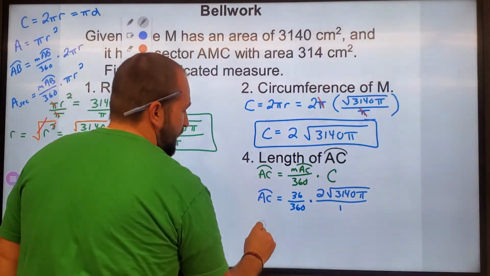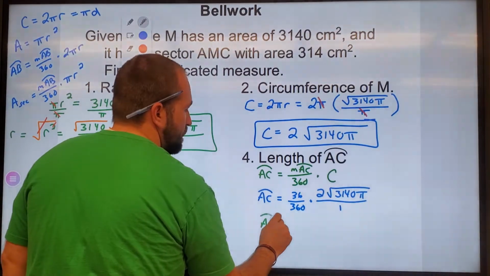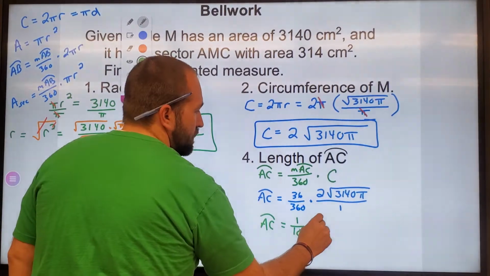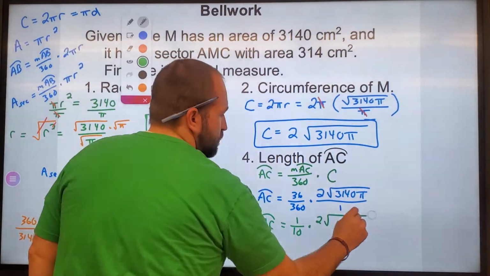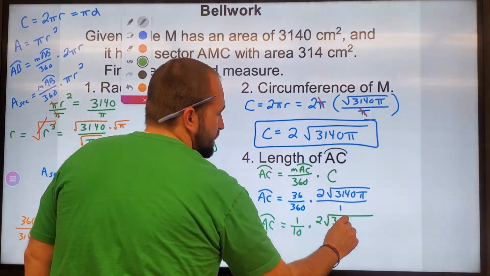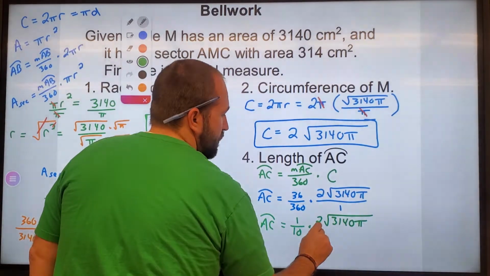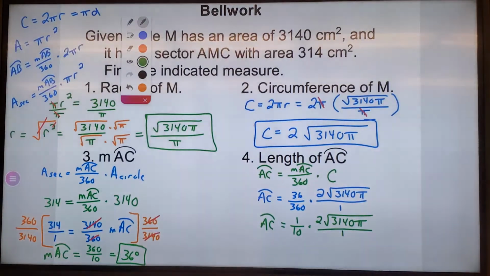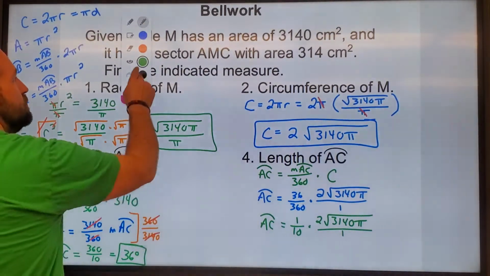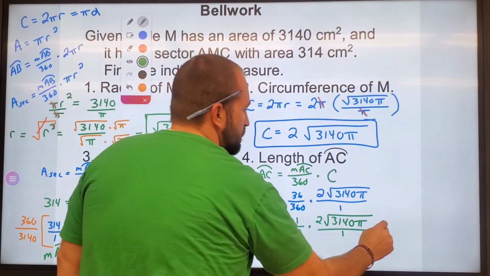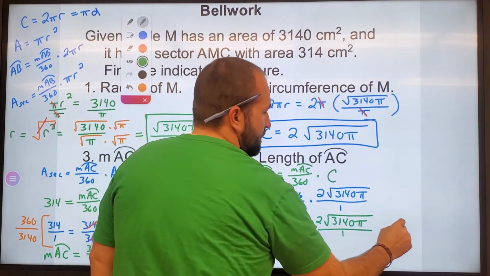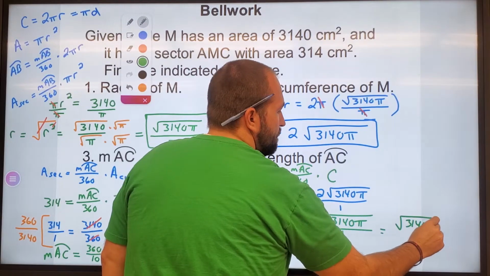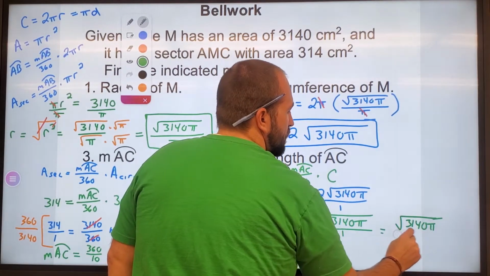So this becomes AC is equal to 1 over 10 times 2 square root of 3140 pi over 1. And again, looking at that 2 and the 10 in the denominator, I can reduce those, which gives me 1 over 5, which means I have the square root of 3,140 pi all over 5.